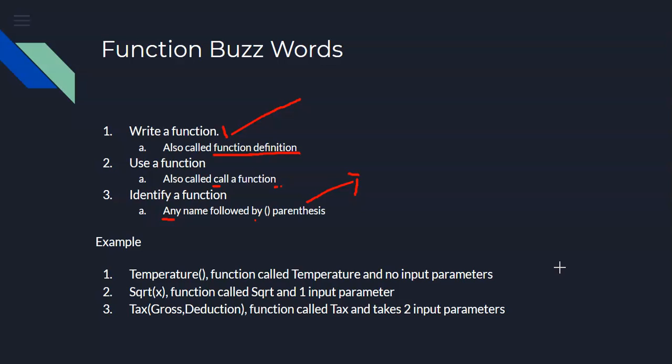But at this moment, if you come across a name followed by a parenthesis, which can be empty or can have something inside, you can treat that as a function. For example, temperature parenthesis. This follows what I mentioned, any name followed by parenthesis. Here the name of the function is temperature, and it has no input parameters.